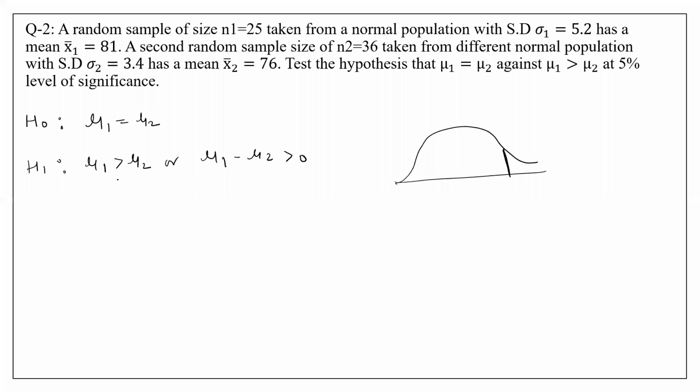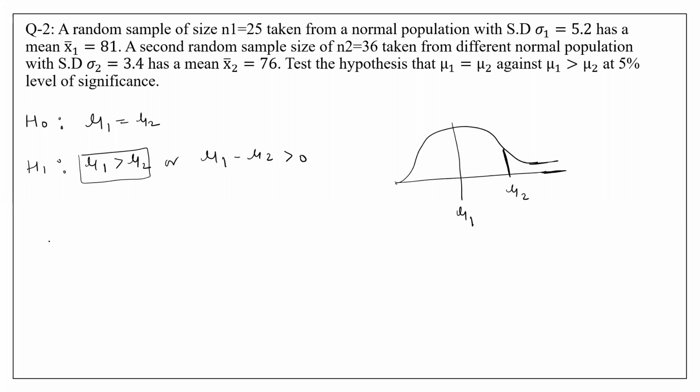If here is mu1, then mu2 should be on the right hand side. So now we are going to strictly use the one-tailed test in this case. We cannot use a two-tailed test.